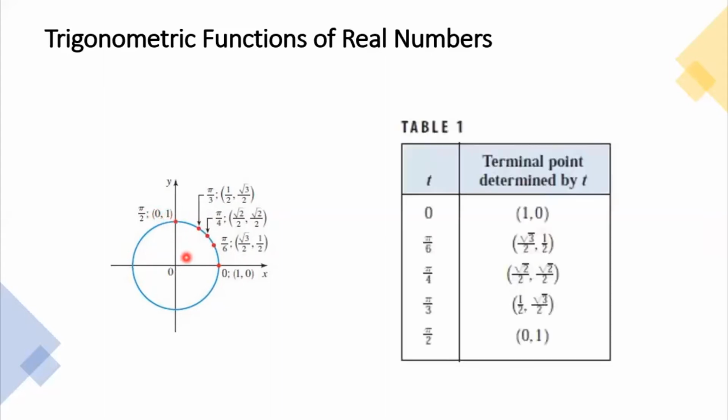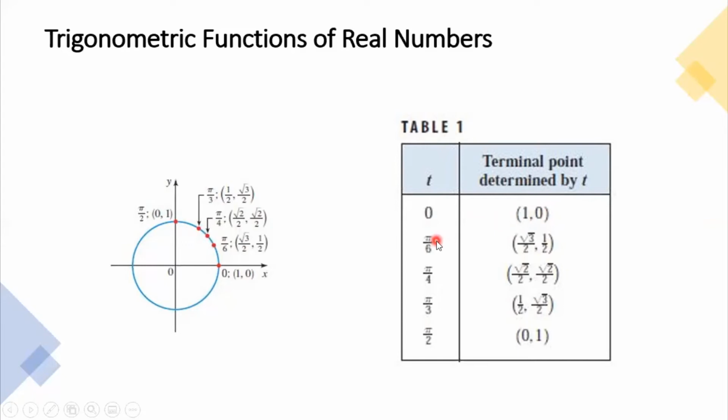Then I have also here a table. For t, we have 0, pi over 6, pi over 4, pi over 3, pi over 2, and these are the terminal points determined by t. For example, if t is 0, then the terminal point is (1, 0). Again, it coincides with the initial point.